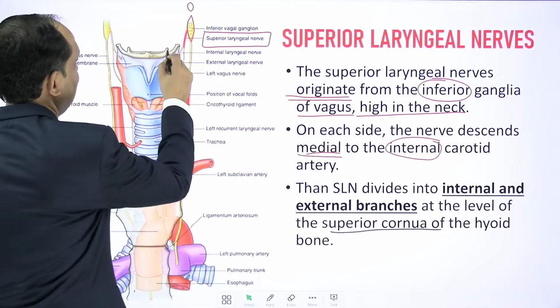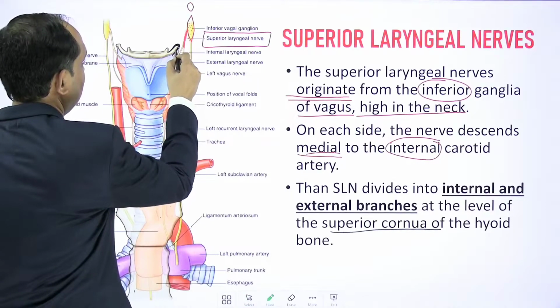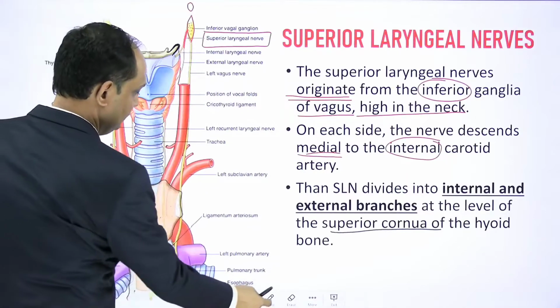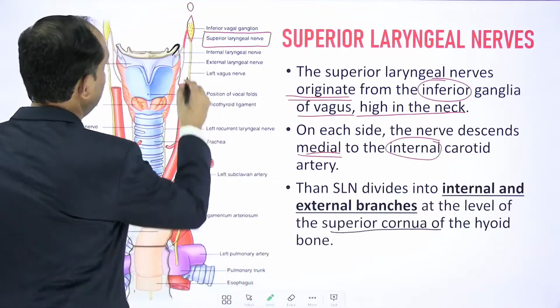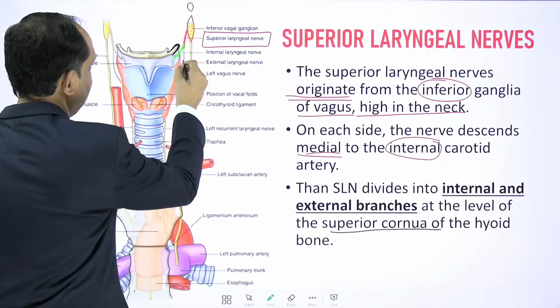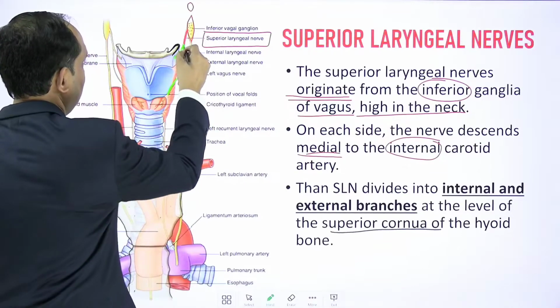Here you can see the superior horn or greater cornu of the hyoid bone. At this level, the nerve divides into two parts. This is the internal laryngeal nerve, and this one remains outside, so it is known as the external laryngeal nerve.